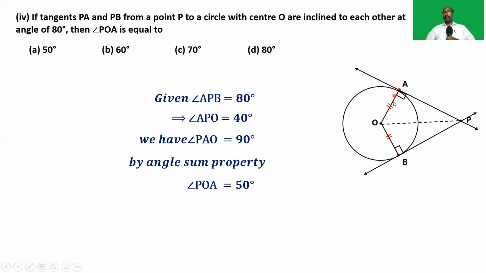The first angle is a right angle, 90 degrees, and the second angle is 40 degrees. Here we have 90, here 40. So the third angle is 50 degrees. So the right option is A.